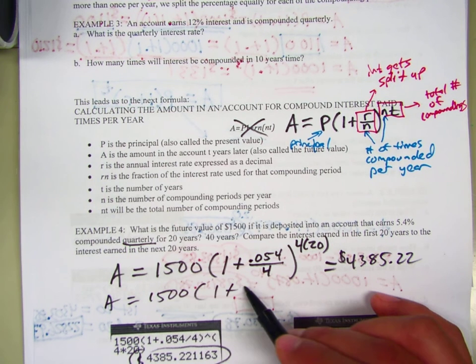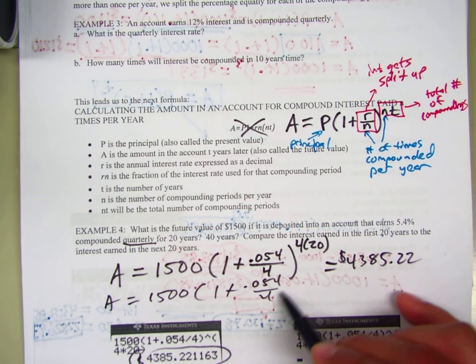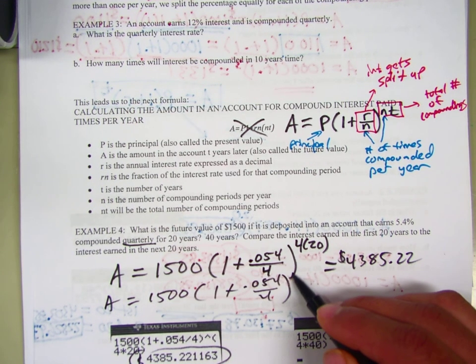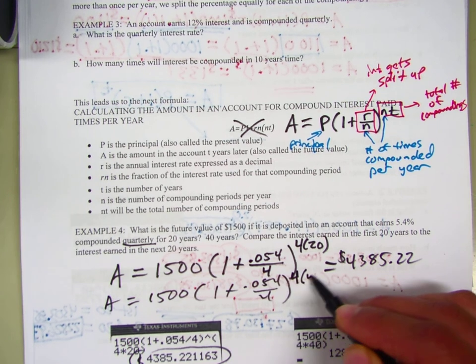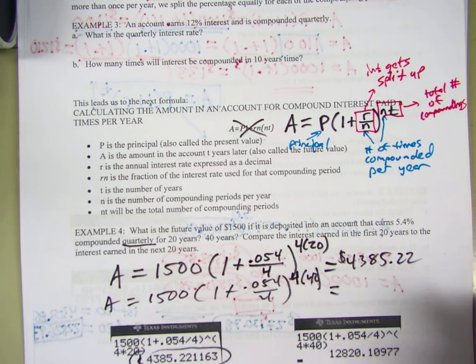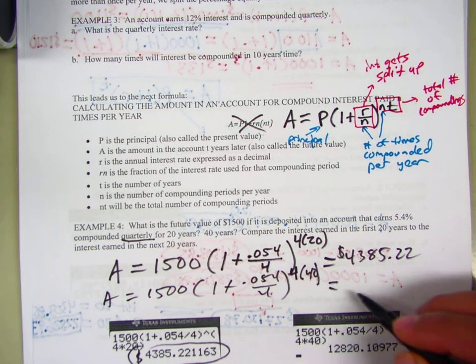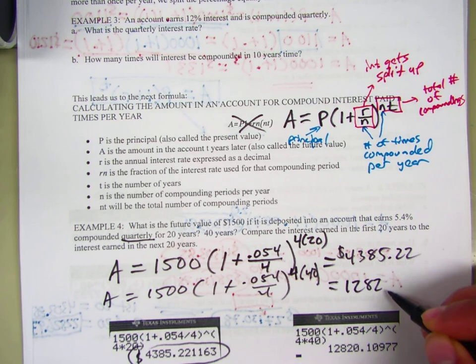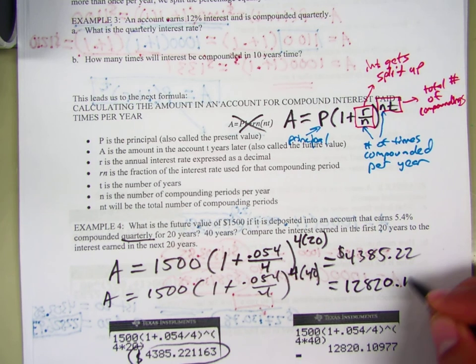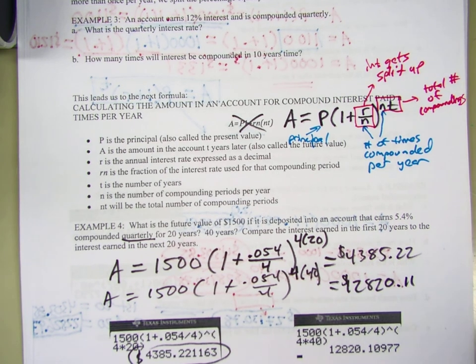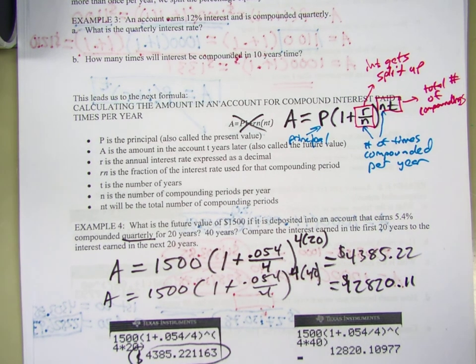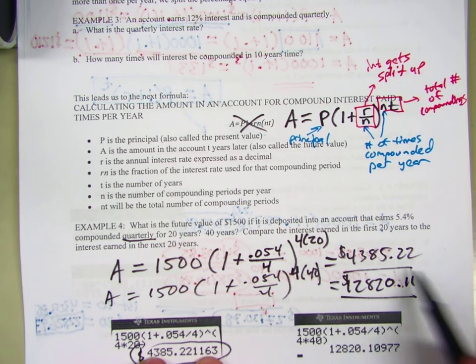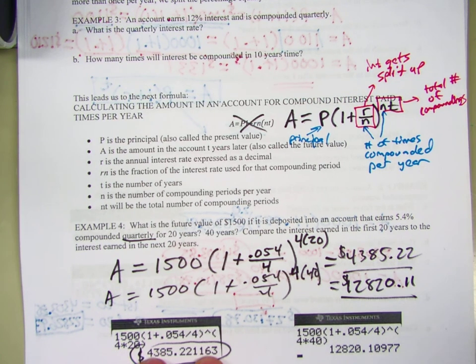The only difference is that now instead of doing 4 times 20, I would do 4 times 40. And now we get what it says here, which is about $12,820.11. Okay? Any questions on that?